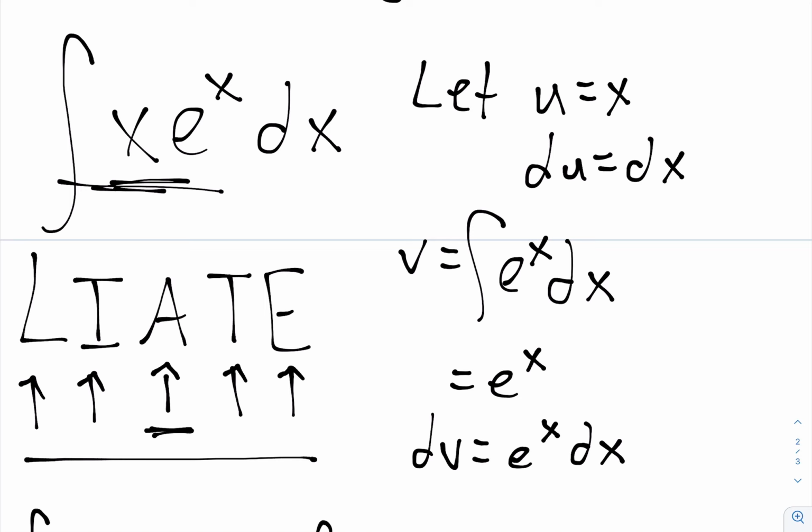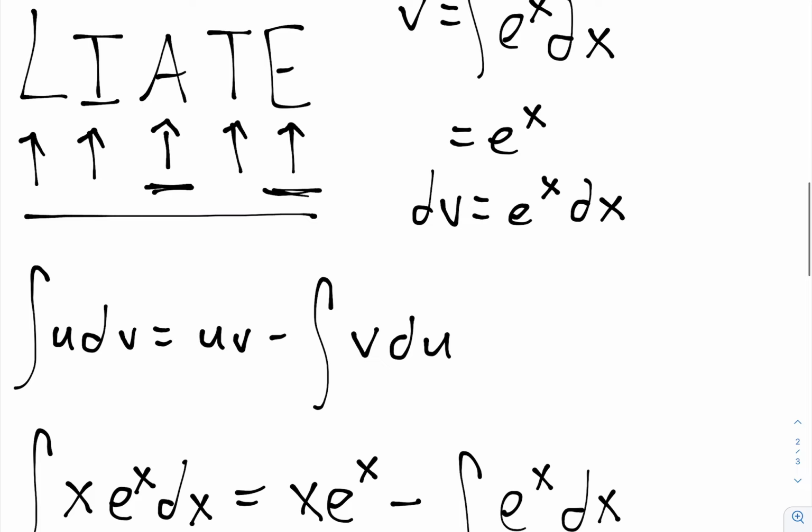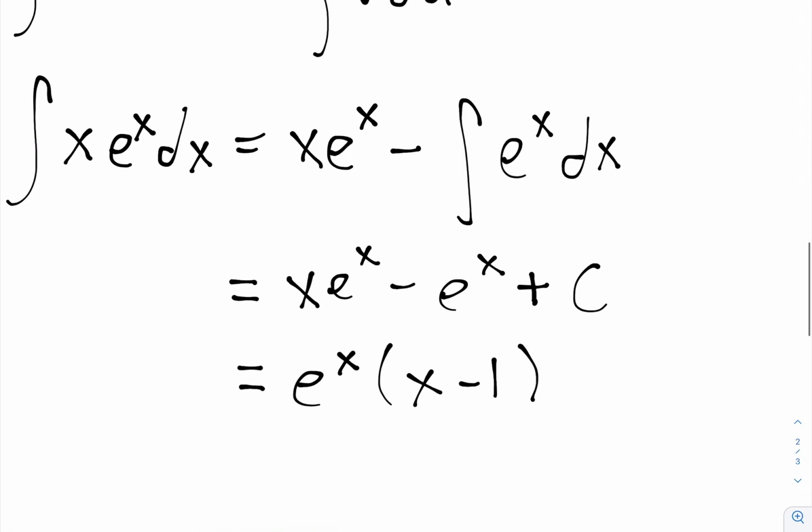That comes first before exponential, right? So that was our u. And whatever's left over, that's going to be our v. So this list is super helpful. And once we have everything chosen, we write it in our variable list here, u equals x, du equals dx. It's going to change from question to question, but it's always good to write it out so you don't forget. And at that point, it's just a formula, right? You just plug things in, and hopefully it works right away.